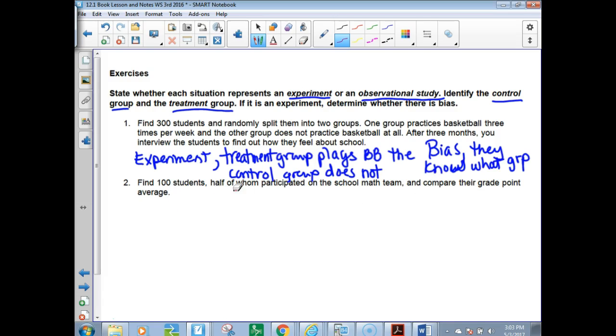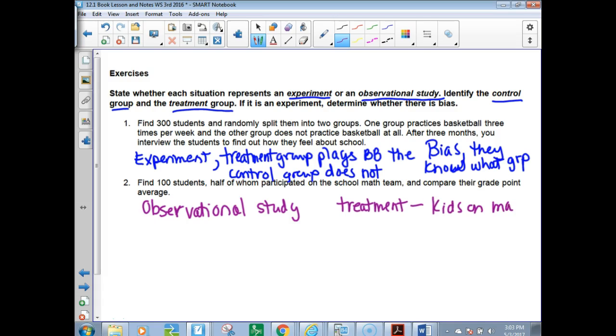So find 100 students. Half of them participated in the school math team and compare their grade point average. You're just making an observation. So it's an observational study. The treatment would be kids on the math team. And the control, kids not on the math team.